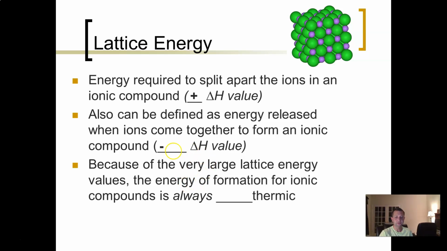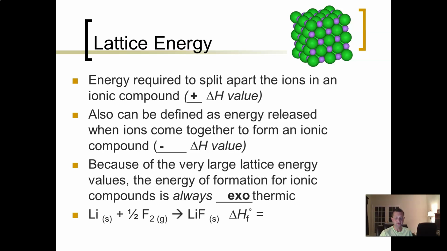Because of the very large lattice energy, the overall energy of formation for ionic compounds is always exothermic. We saw that in the previous lesson on the Born-Haber cycle. So lattice energy is a big-time exothermic value, and the overall energy of formation is going to be exothermic as well.